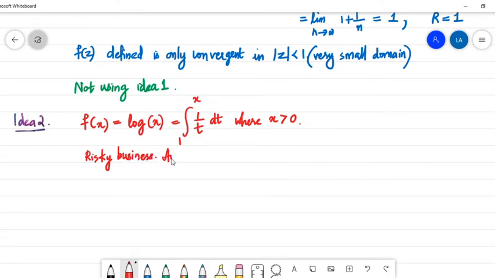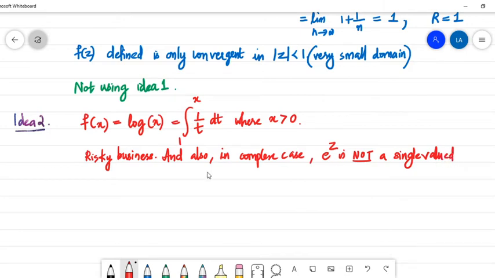And also there is another problem. In the complex case, one thing you have to notice, e raised to z is not a single valued function. Or rather, I'll say it is not a one to one function.